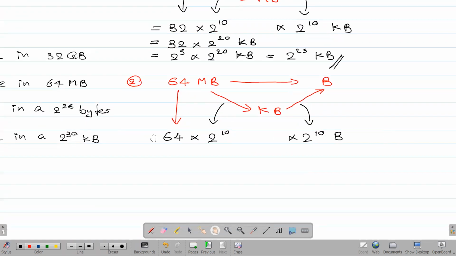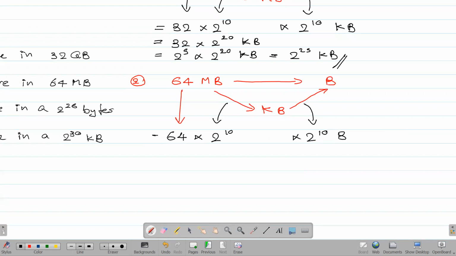And the answer can be written as 64 into 2 to the power 20 bytes. 64 can be written as 2 to the power 6, into 2 to the power 20 bytes, which is going to give you 2 to the power 26 bytes.